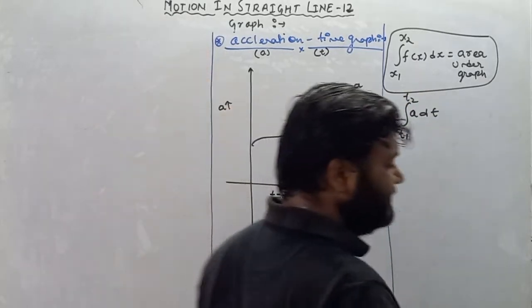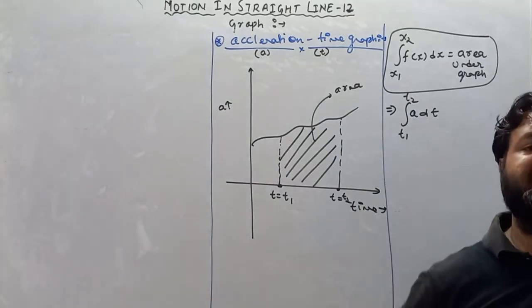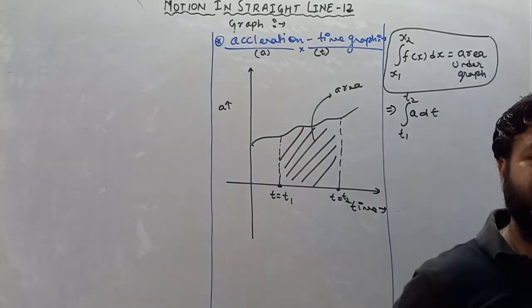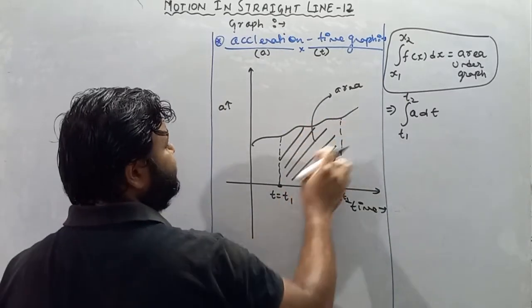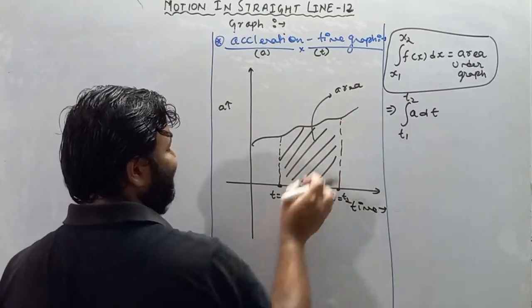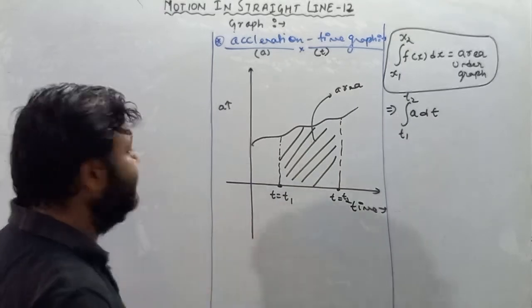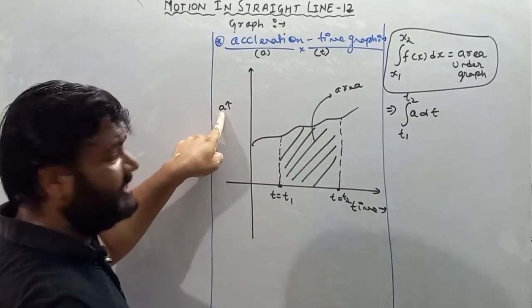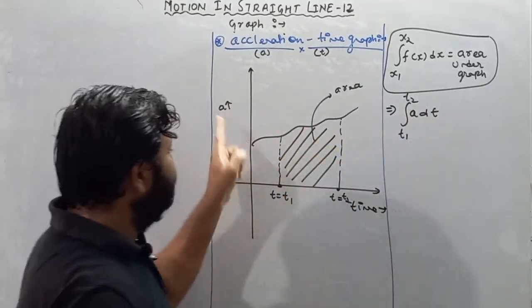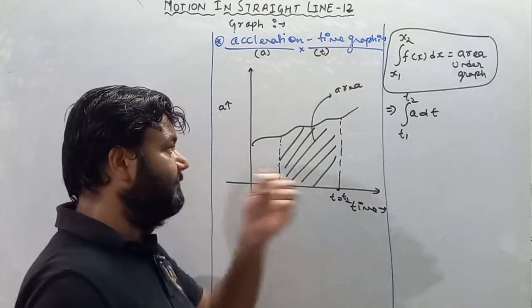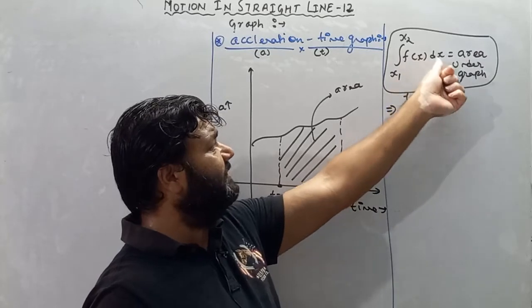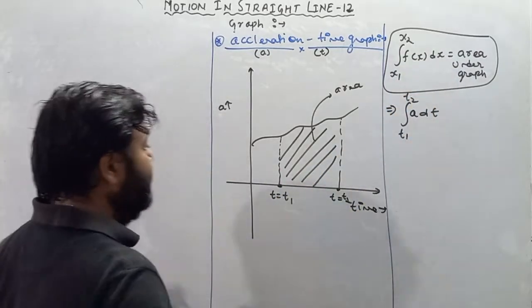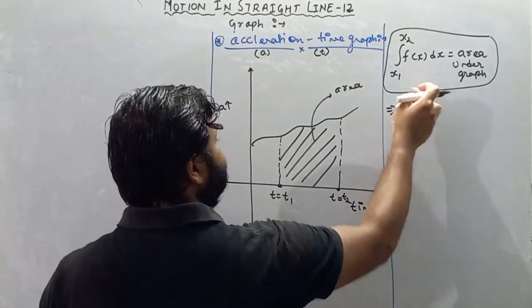That is, acceleration is changing with respect to time dt. Now see, this change in function is represented here in the graph by the area with limit t1 to t2. Here the function is a, and this function is changing with respect to time. So instead of f of x dx, I'll write a dt, so the limit is t1 to t2.